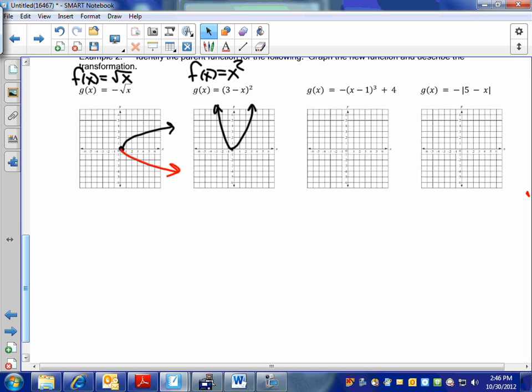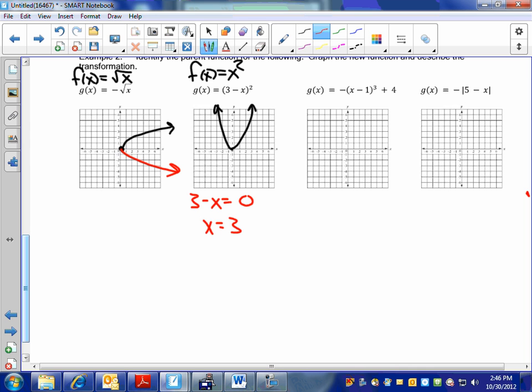True. I solve 3 minus x equals 0. So x is what? Not negative 3. Positive 3. So there's a shift of 3 units. Okay? So I could shift it over 3 units.